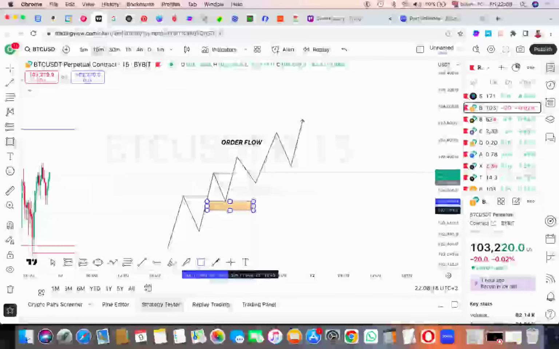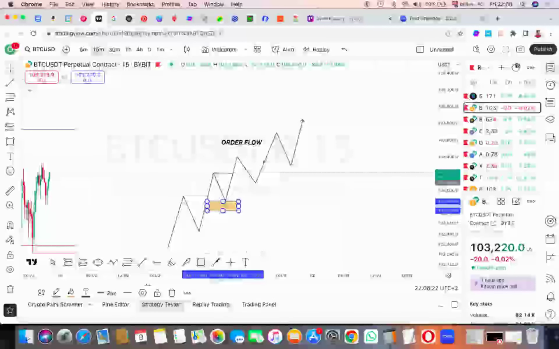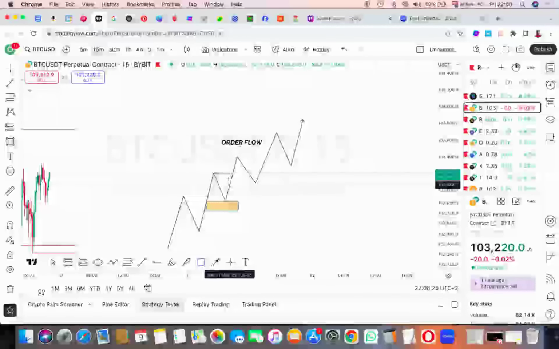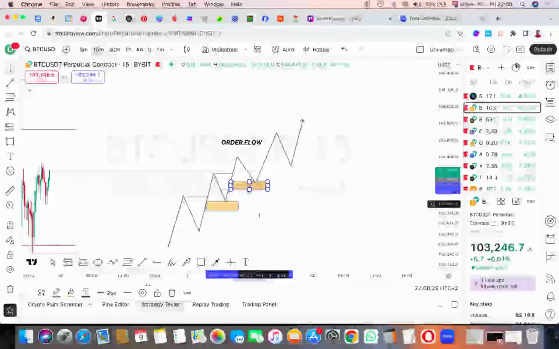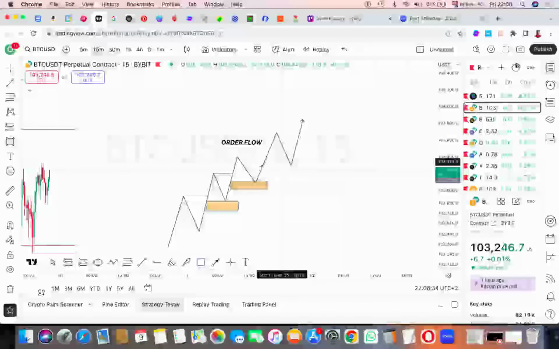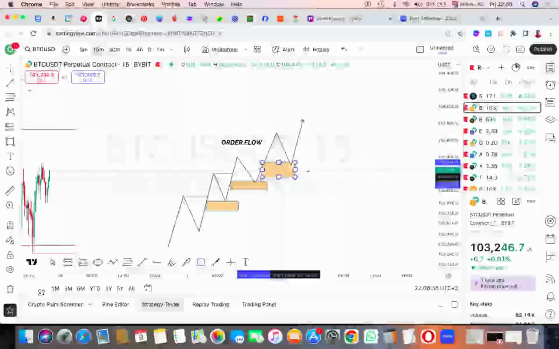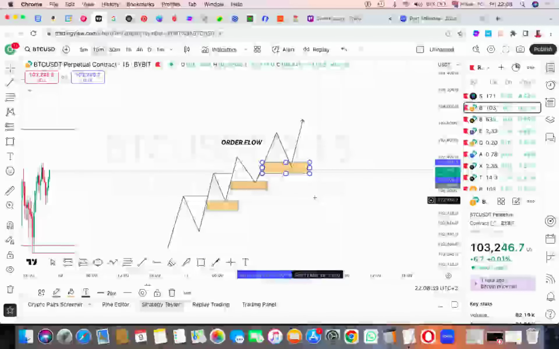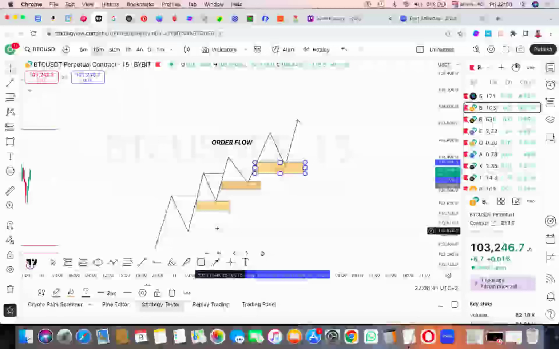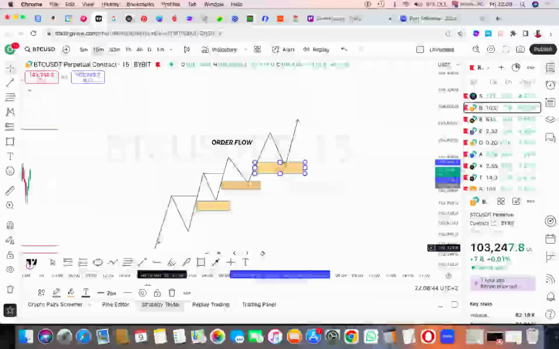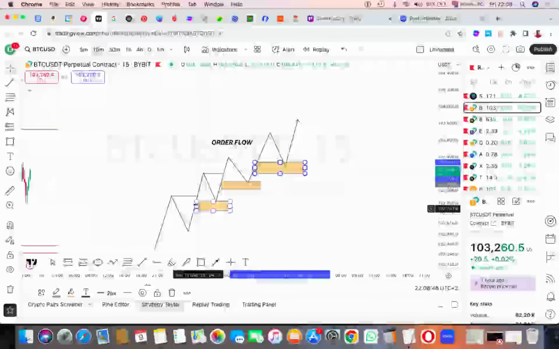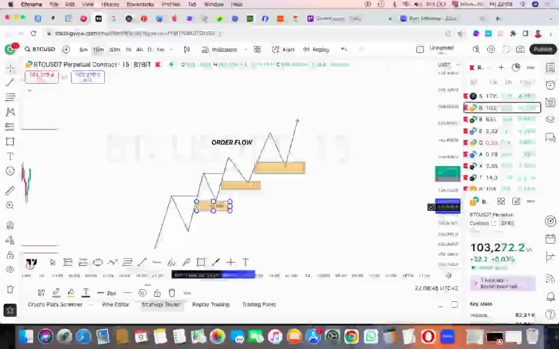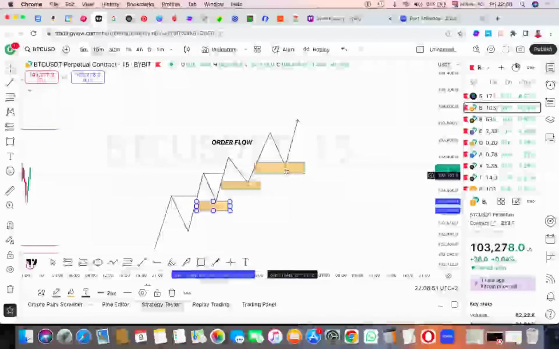We have blocks around here, with the market tapping into this area, our POI zones, which are our points of interest, or order block, OB. The market is meeting our criteria, tapping into these orders and picking orders from here.